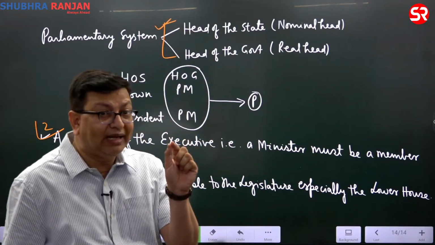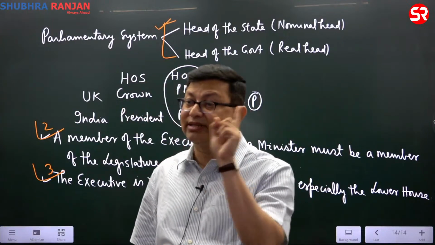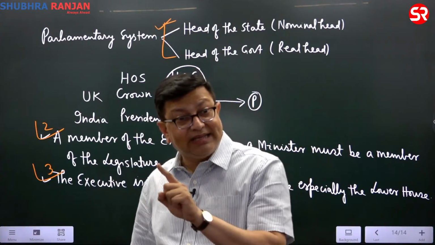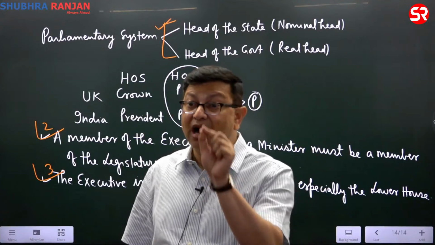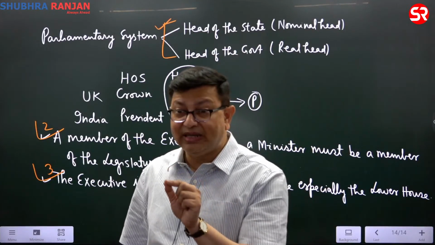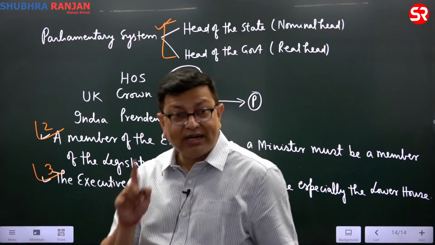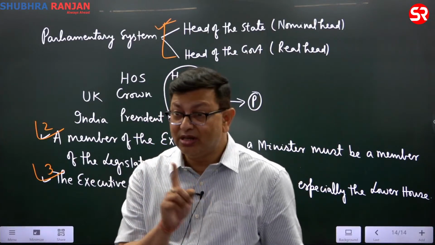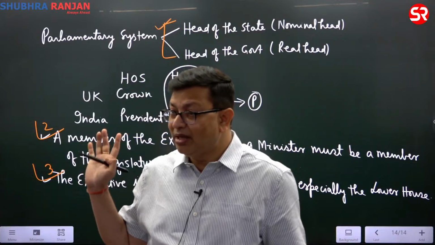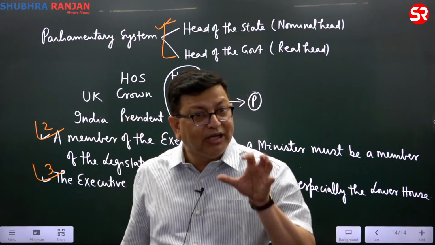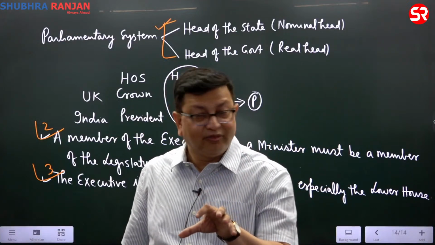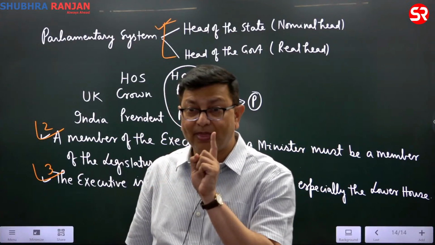Which of the following is a feature of a parliamentary system? Which of the following is not a feature of the parliamentary system? Which of the following are the features of the parliamentary system? 1 and 2, 2 and 3, 3 and 4. Such questions will be there. And if you have read these 3, your work is done. So you need to be very much focused from the examination point of view.